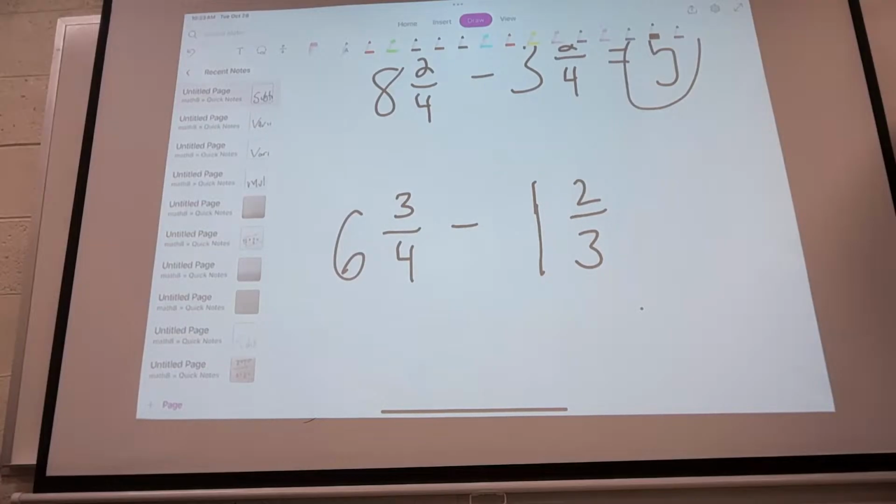Two times 4. Two times 4. Come on. Plus 2. 10 over 4 times 3 times 4.